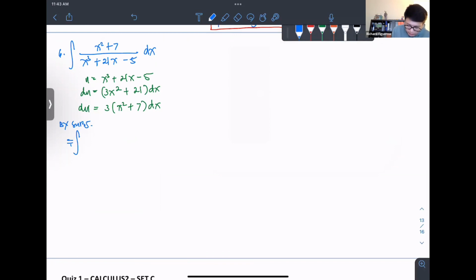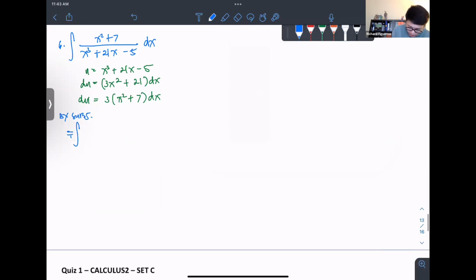we just have 1 over u, which is our u, the x cubed plus 21x minus 5. But how about this one, the x squared plus 7 dx, but with an excess of 3.